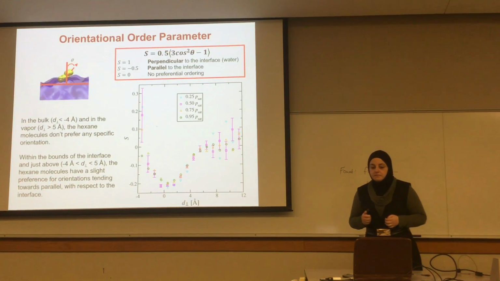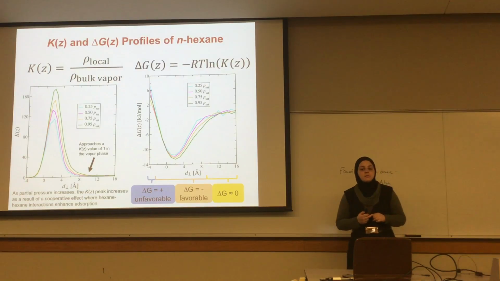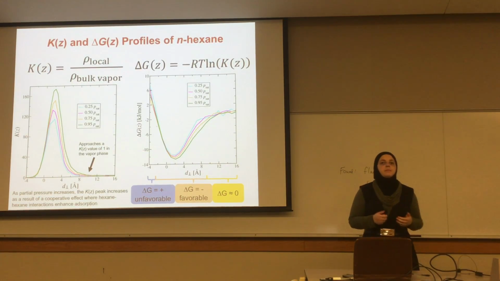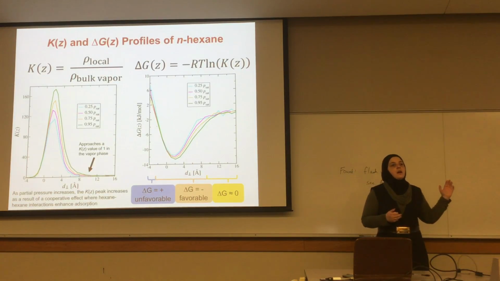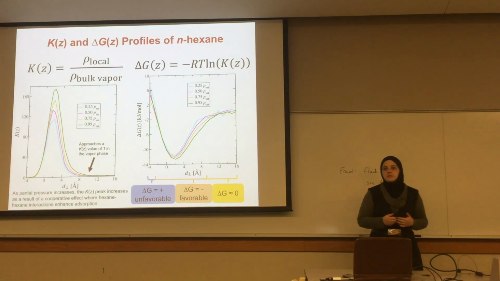Okay. Now, we also wanted to obtain the partition function. The way we do that is we take our Z density profile that you guys saw and divide it by the vapor density.